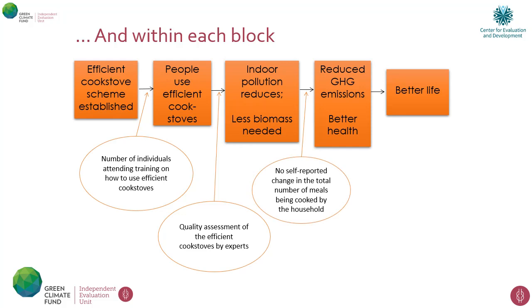From step 3 to step 4, you could look at whether changes in the total number of meals being cooked by the households have been reported. Finally, from step 4 to step 5, you could look at reported changes in preventive health behavior.